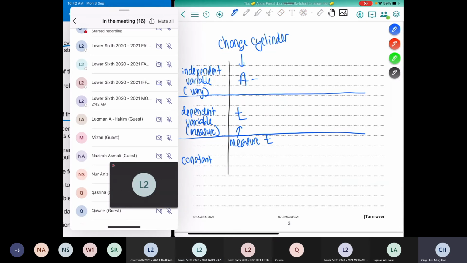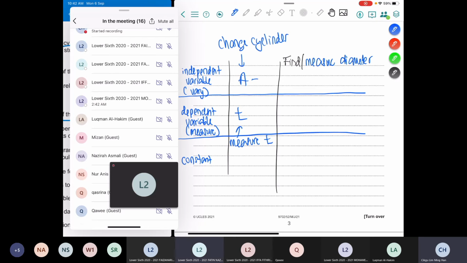So this one, hang on. We measure the diameter using what again? Vernier caliper. And then, what do you do with the diameter to get the area?